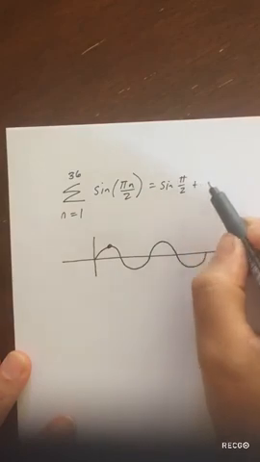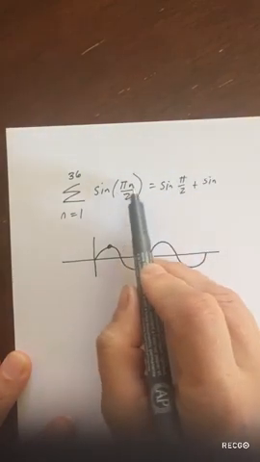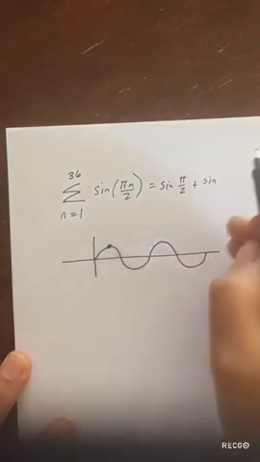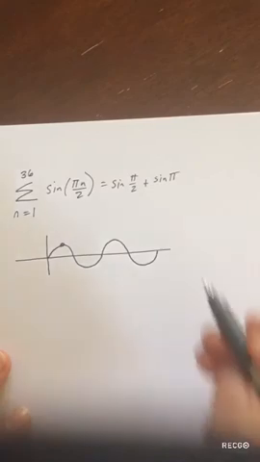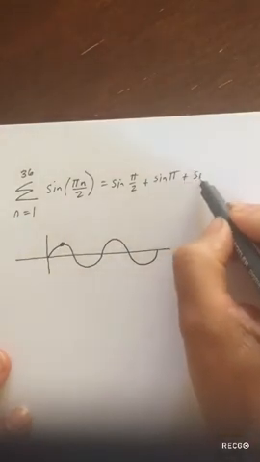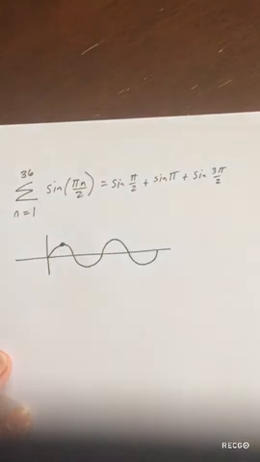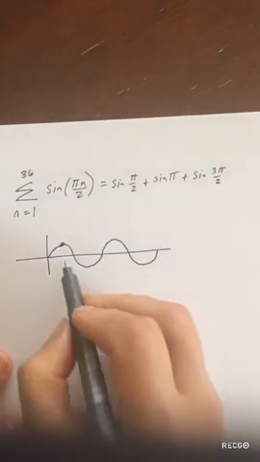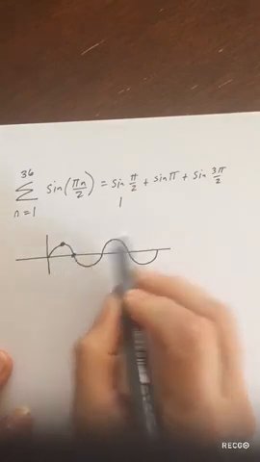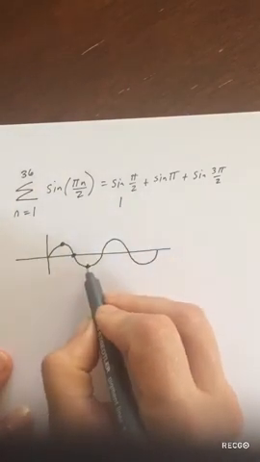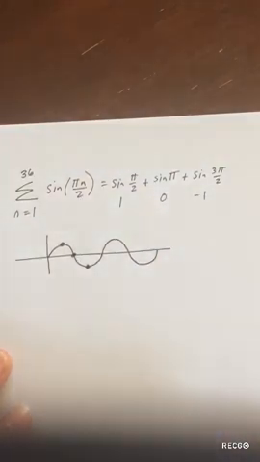The next thing I get out will be sine of pi times 2 over 2. That's going to be sine of pi. The next thing I get out is going to be sine of 3 pi over 2. Okay, so let's keep track of these values. So this is 1, right? Sine of pi over 2, sine of pi there, sine of 3 pi over 2, -1.